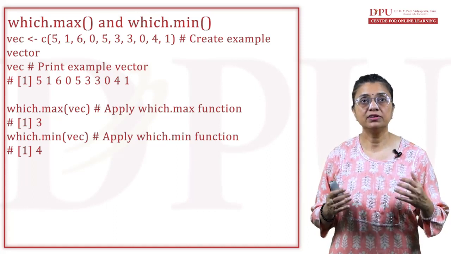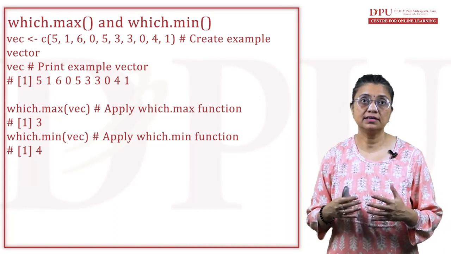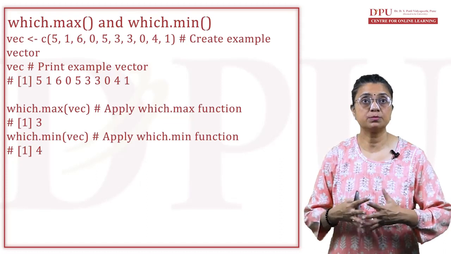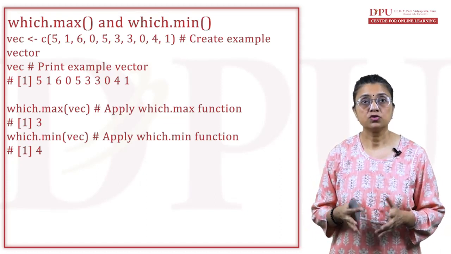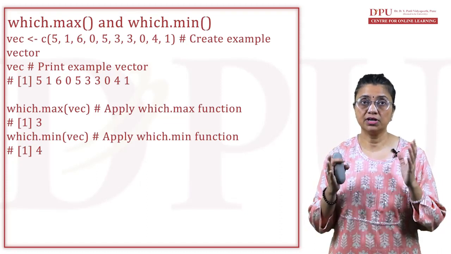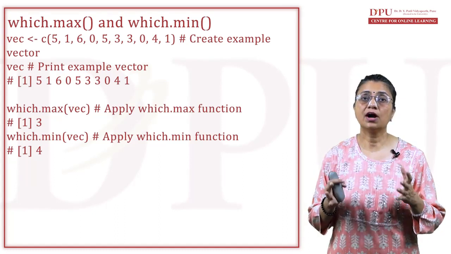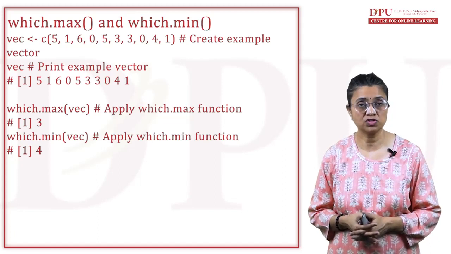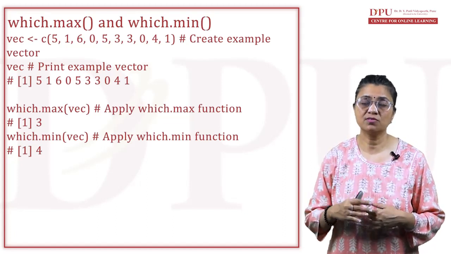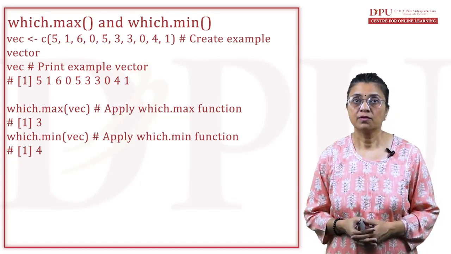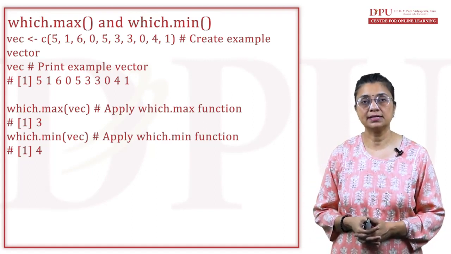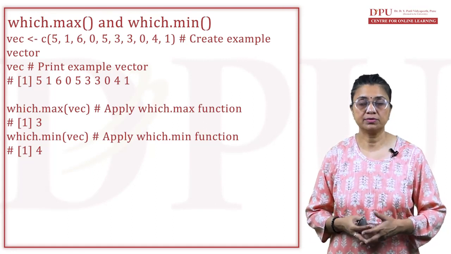And definitely when we keep on changing the data, we get different results, and the results are displayed on the screen. So here the idea is that we have to understand what a vector is, how to create a vector, and how to pass a vector into a which function, and it will return a maximum value and a minimum value. That is how we can apply these functions on our data.